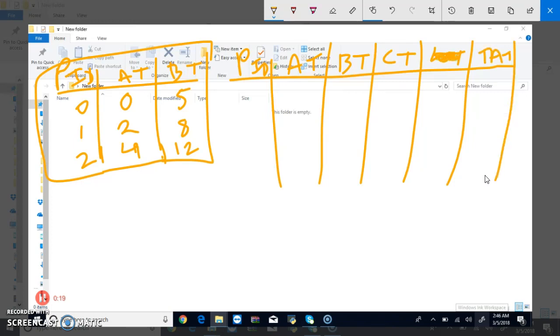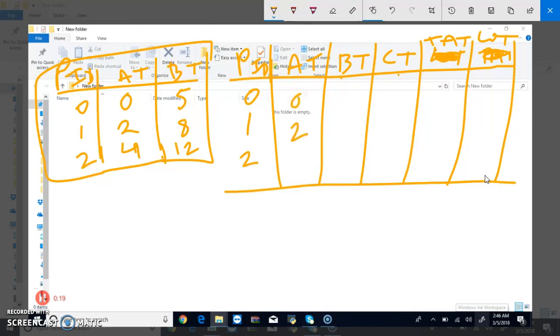Otherwise take turnaround time first, then waiting time. Why am I taking it here? It is a simple way, for example A, B, C, then T, W. Follow the format, it will be easy. First write processes 0, 1, 2. Arrival times 0, 2, 4.